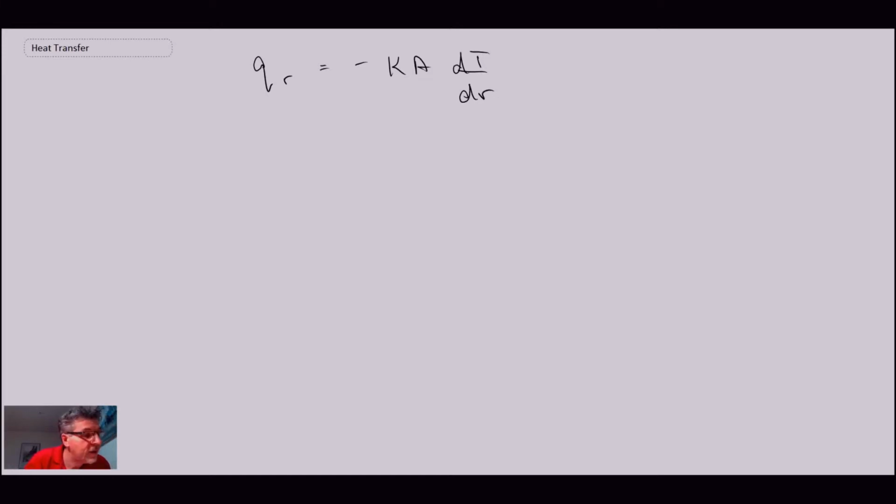Okay, so there's Fourier's law. What we're going to do, input the area, we'll bring it over to the left-hand side. So we get that equation there. Now we want to integrate that.